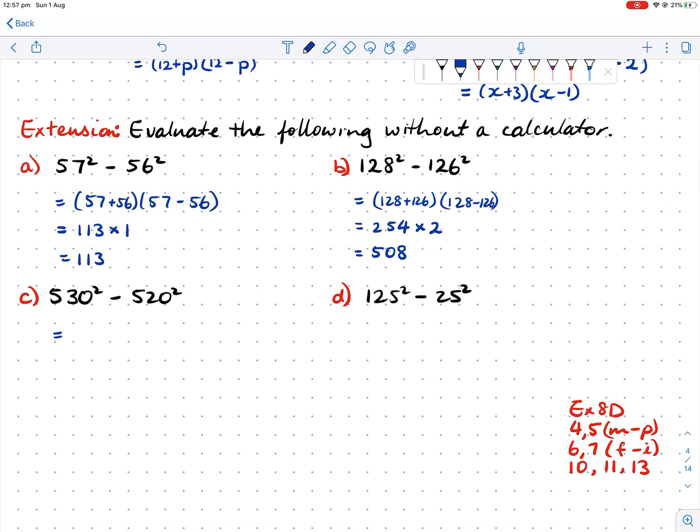Let's come to C. So 530 plus 520 and 530 minus 520. When we add the first together, that's 1050 multiplied by 10, since 530 minus 520 is 10. So 10,500 would be the answer.